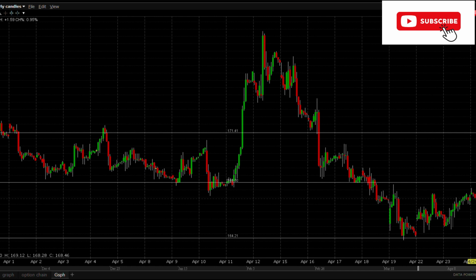So let's put these two good levels as our range. Price is around here, around 170. Let's make a prediction that price will not go beyond 171.